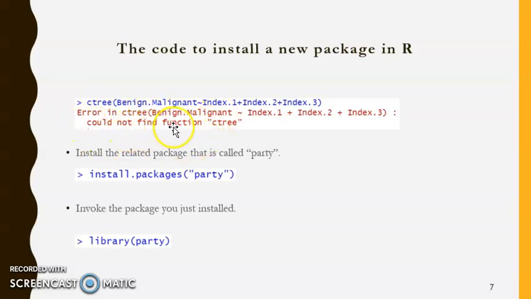It says could not find function C3, and that's correct because this function belongs to this package. So I need to install it and invoke it before running the functions. Okay, so now let's go to R and I show you what happens when you install and invoke.